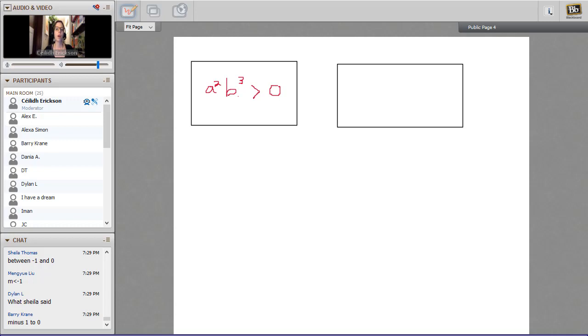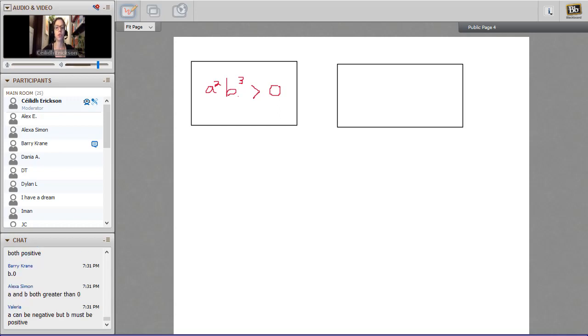All right, so if a squared b cubed, if something times something is greater than 0, in other words, we have a product that is positive, what do we know? Well, generally speaking, if we have just a product that's positive, we could either have positive times positive or negative times negative.